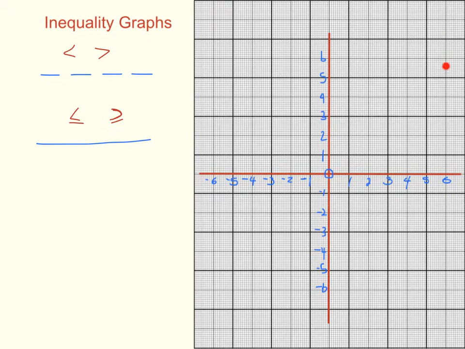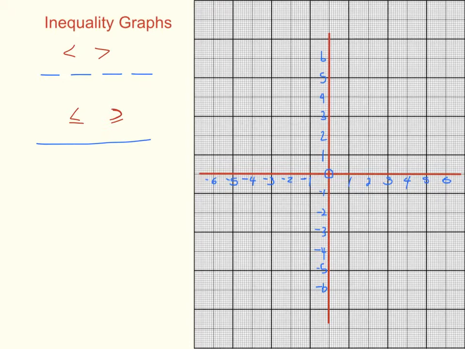So this whole line here is x equals 6, this one is x equals 5, and so on. This whole line is x equals 1. This whole line is x equals 0, that's my y-axis. This whole line is x equals minus 1, and so on. I think you get the picture.